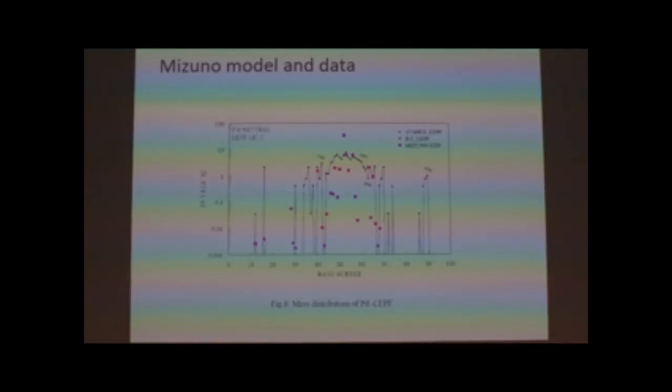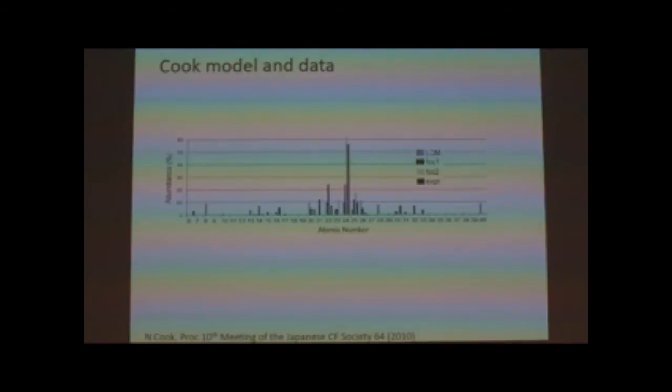So the models are clear enough. You can do a calculation and compare against experiment. Here's one example, and the agreement is sufficiently good that you start thinking that, well, maybe these conventional fission models have some kind of relationship to the observed transmutation. Here's another example: this is Cook's model against some transmutation data.